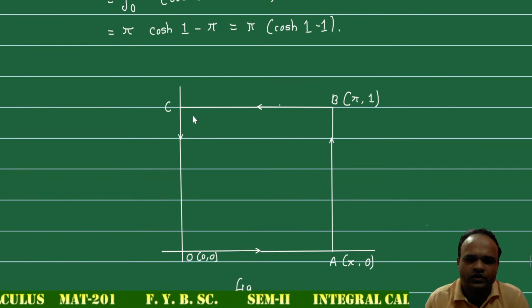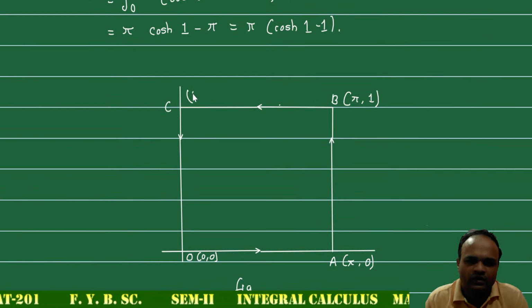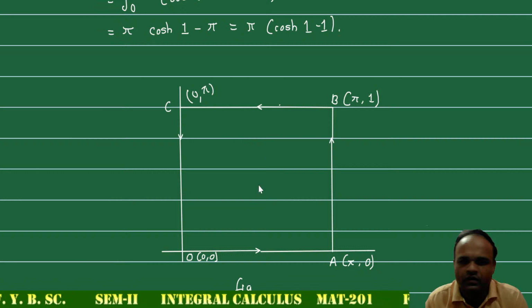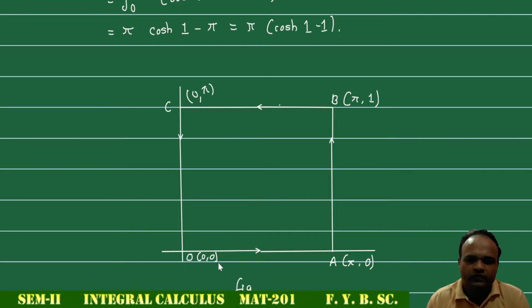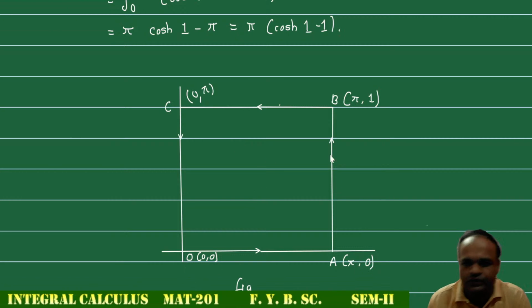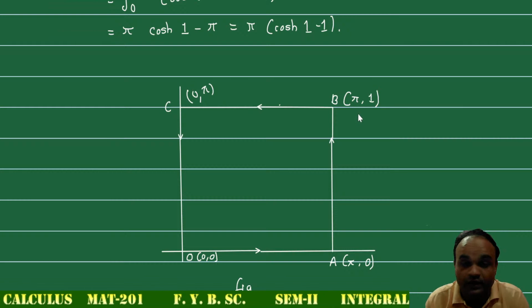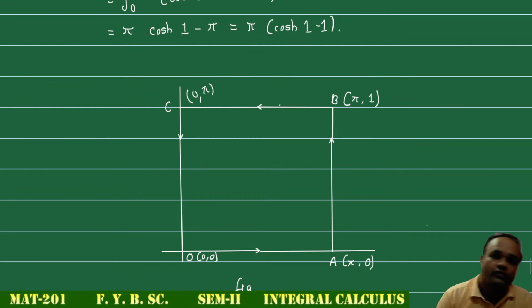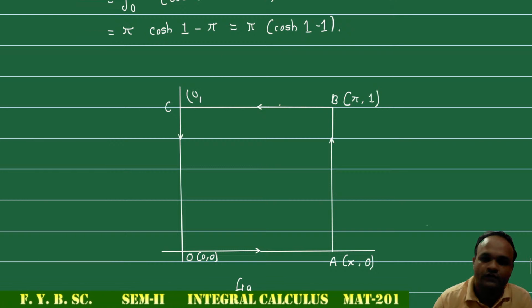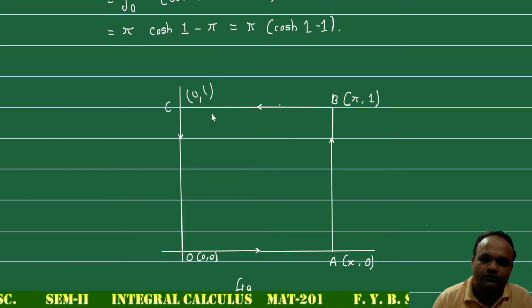So what are the coordinates of these points? O is (0,0), A is (pi,0), B is (pi,1), and C is (0,1).